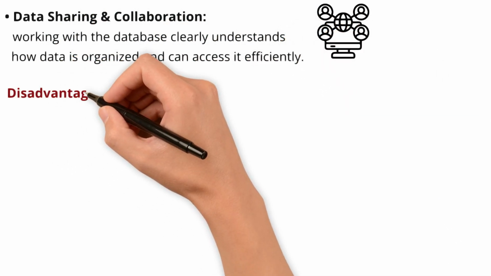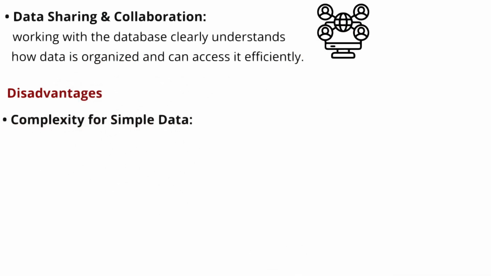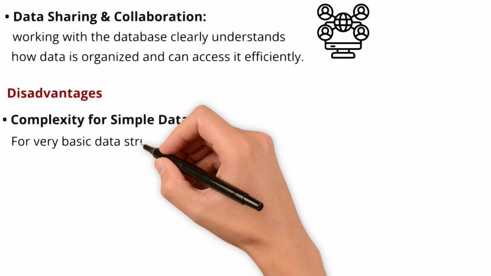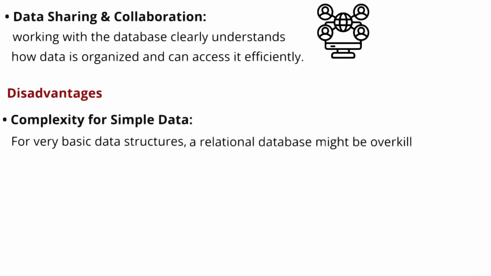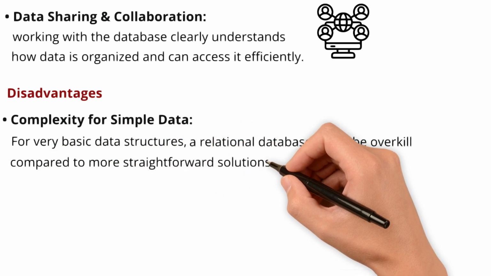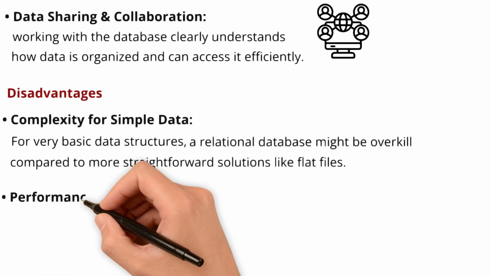Talking about the disadvantages, complexity for simple data. For a very basic data structure, a relational database might be overkill compared to more straightforward solutions like flat files. Performance considerations.